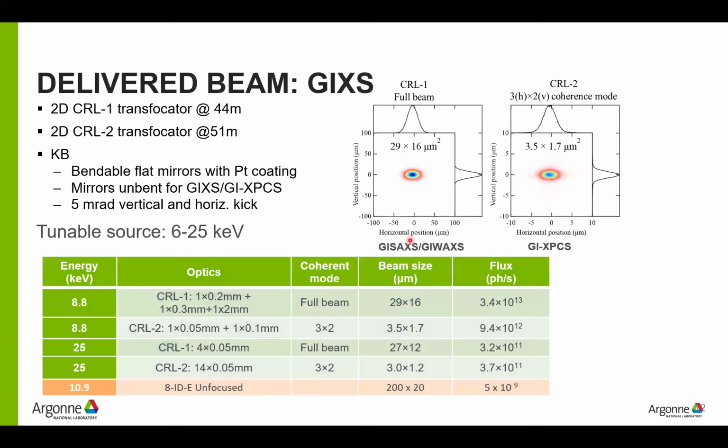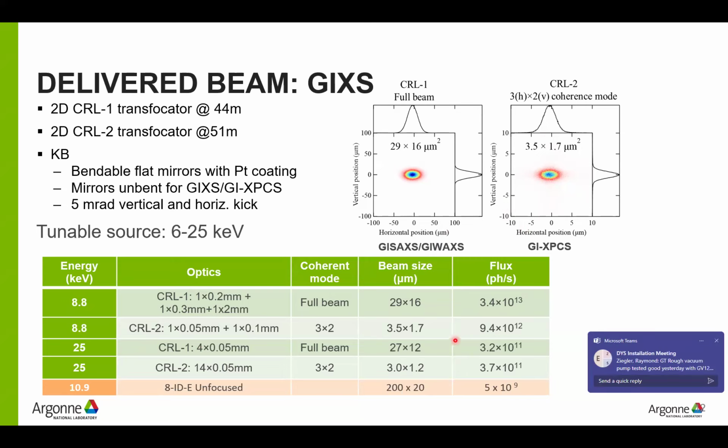And here's looking at not just low energy, but low energy and high energy for the GIXS instrument, and the performance that we get from the undulator and the two transfocators.